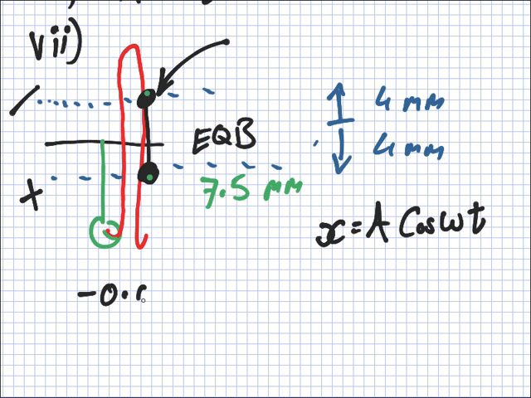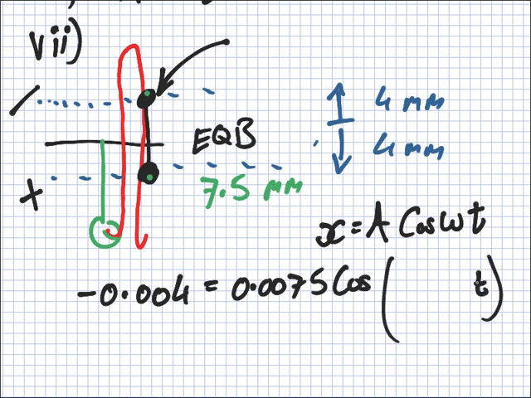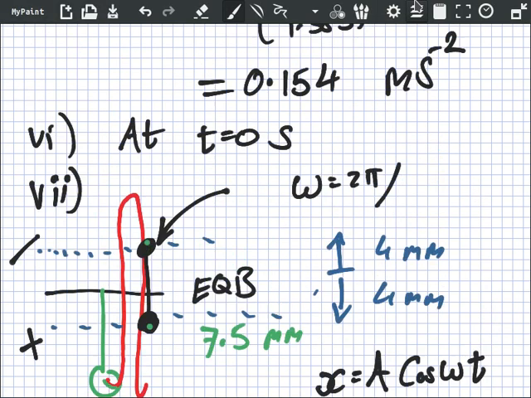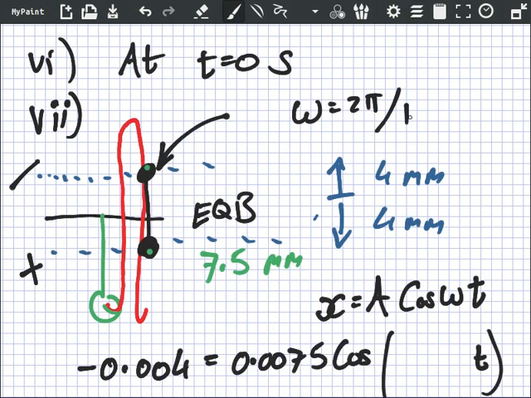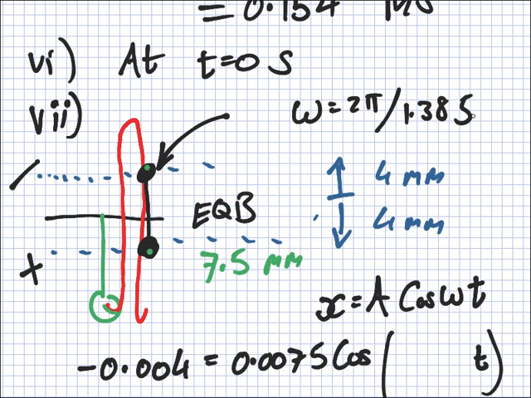Minus 0.004 equals 0.0075 cos. Can somebody actually work out the omega? Because I keep using it. 2 pi over, what was the time? 1.385. What is that actually? 4.536.